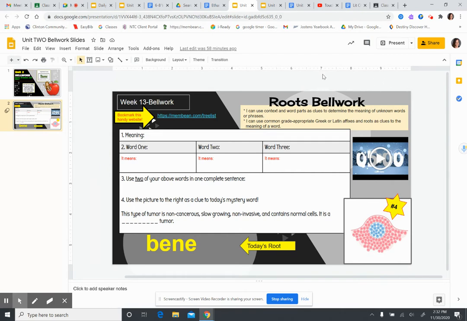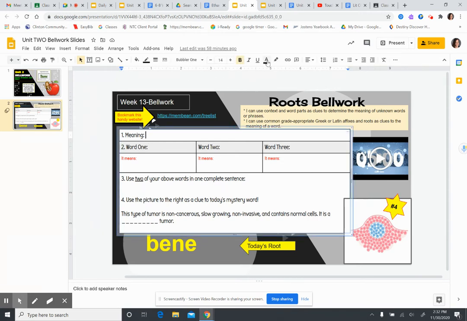All right, if you are done with your bell work, we went over the meaning, and the meaning is, what did you have down? Good or well. Then you had to have your 3 words here with the meanings, your sentence, and then today's mystery word.